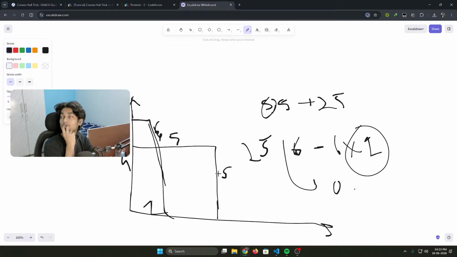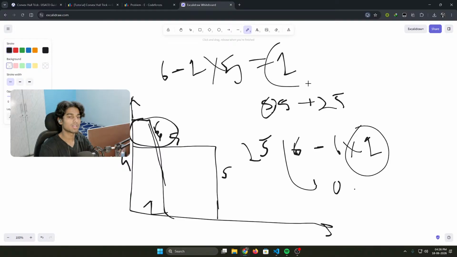How will I get common? Let's think about this. Common is just the minimum, so maybe we can reduce the minimum. Once we know this is 6, we can take common, so it's going to be 1 times what is common, 6 or 5. 5 is common, then we can get 1, and then we can add 1.